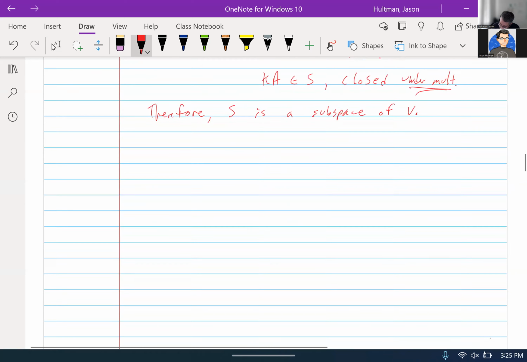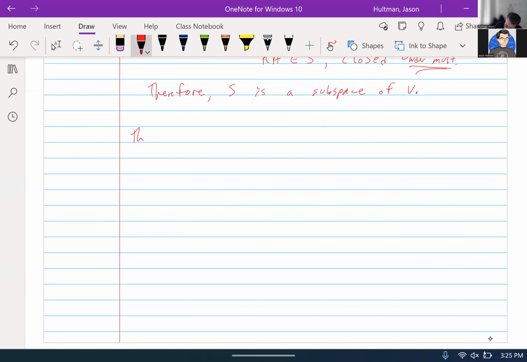Okay, let's look at a theorem here. Let A be an m by n matrix.